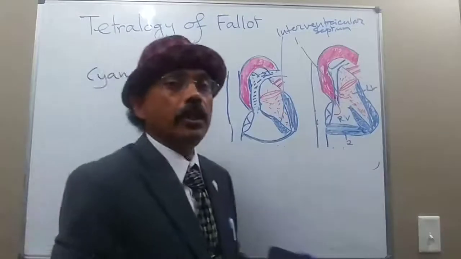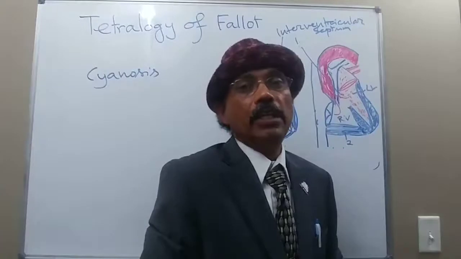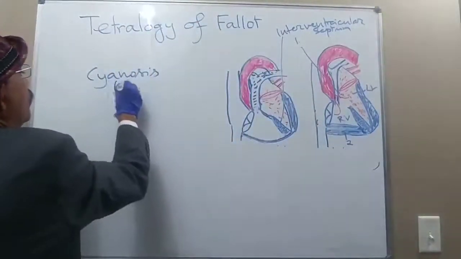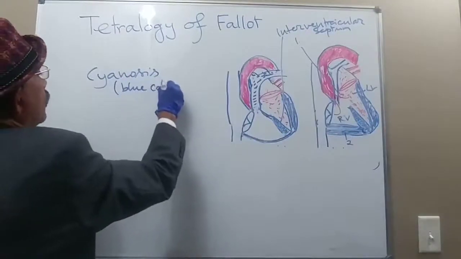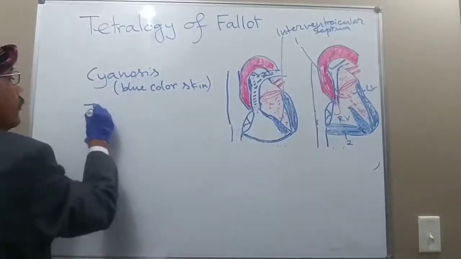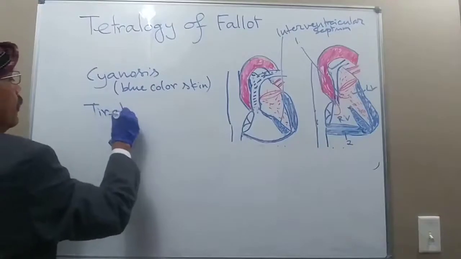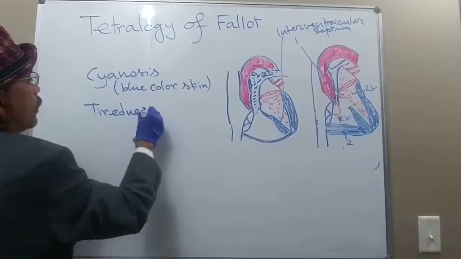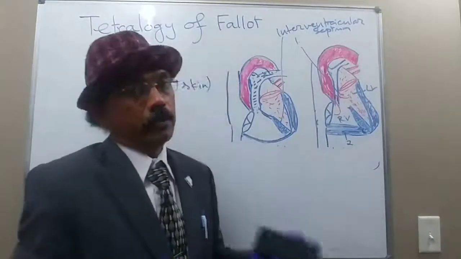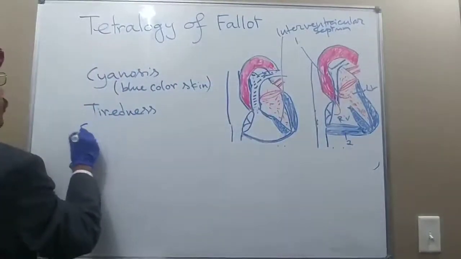Cyanosis means blue skin coloration due to lack of oxygen in the blood. Tiredness, because of lack of oxygen, causes the toddler or child to tire very easily. They often take a squatting posture.